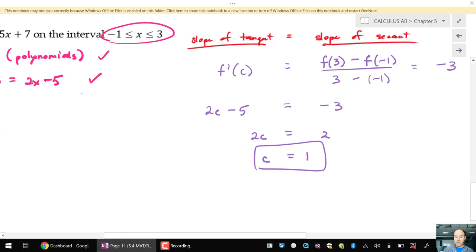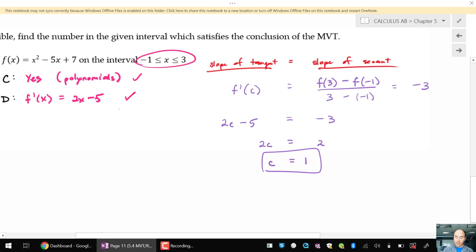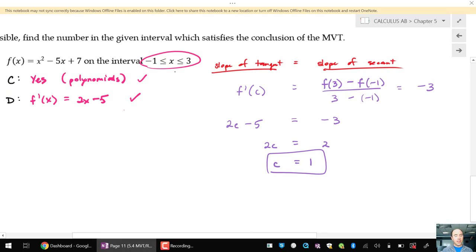Let's make sure that that c value is in between the interval, -1 to 3, and it is. So then I can claim that there must be a time MVT guarantees the existence of a value. In this case, that value is actually c equals 1, where the slope of the secant is equal to the slope of the tangent. The average rate of change is equal to the instantaneous rate of change.